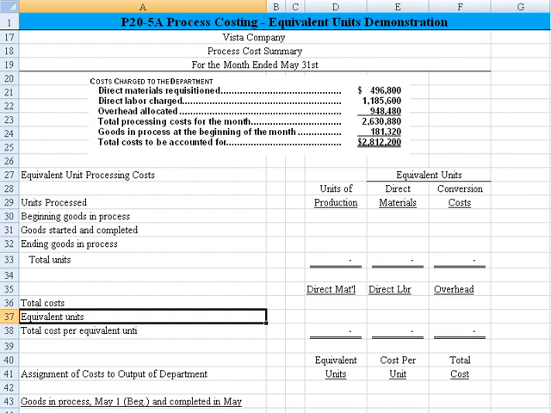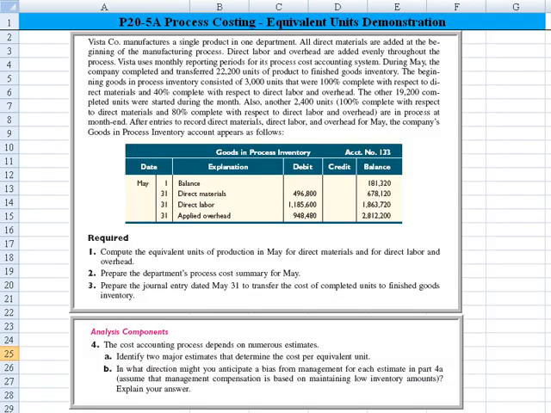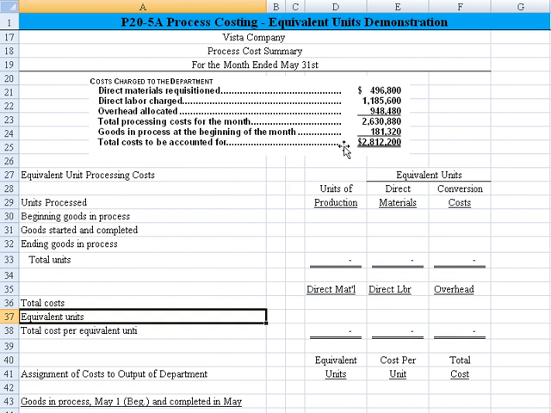Now, all of this information is exactly the same information that was given to you right here in the table, right? There's your 670, I'll talk in thousands here. There's your 678, 1863, and 2812 of direct material, direct labor, and overhead, and the opening balance. If we move over here, there's those same amounts, and then the opening balance.